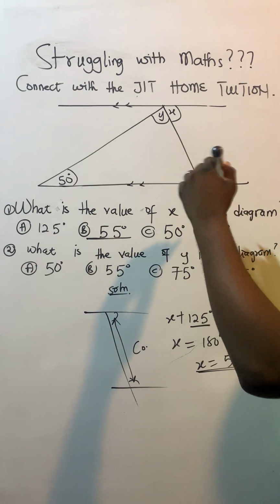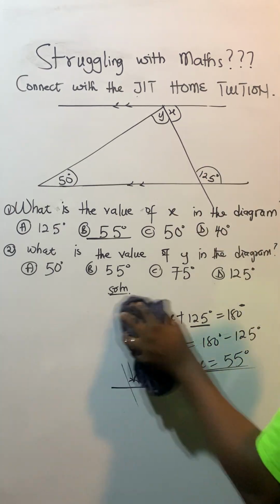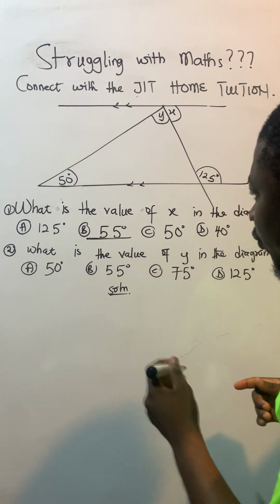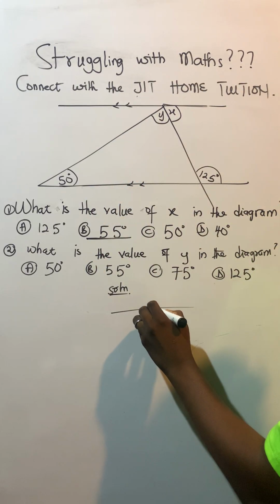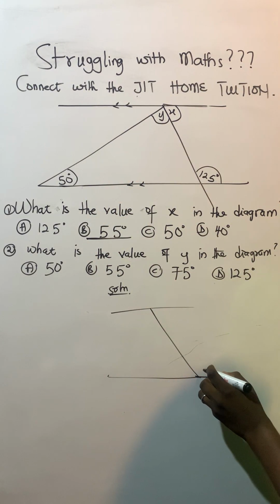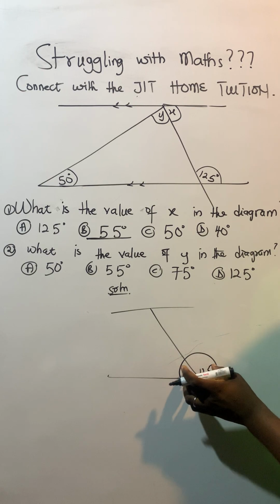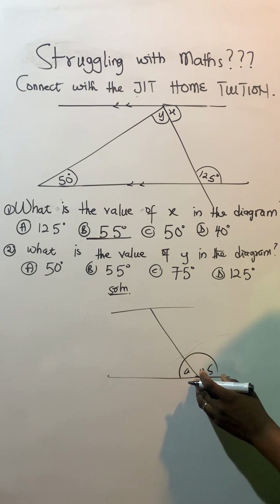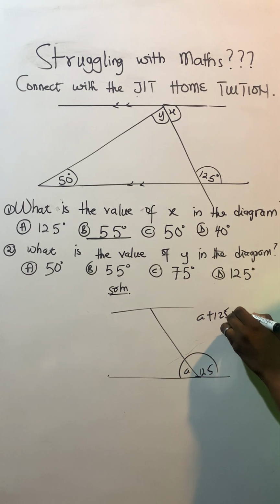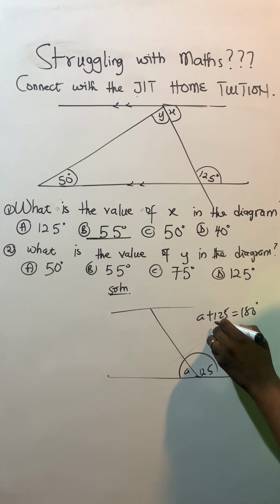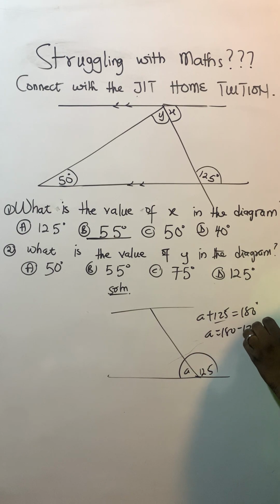Another approach is for you to have something like this. This side is 125, so you can use this as angles on a straight line. Represent this by a, so that will become a plus 125 equal to 180 degrees. Then you make a the subject, so a will become 180 minus 125.